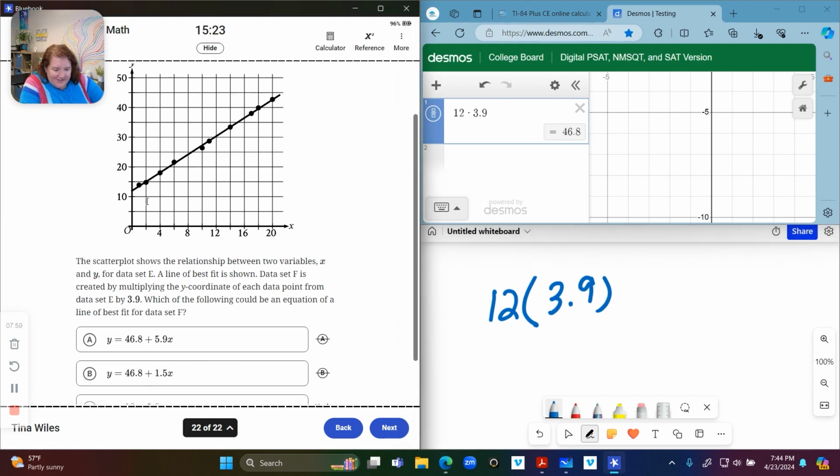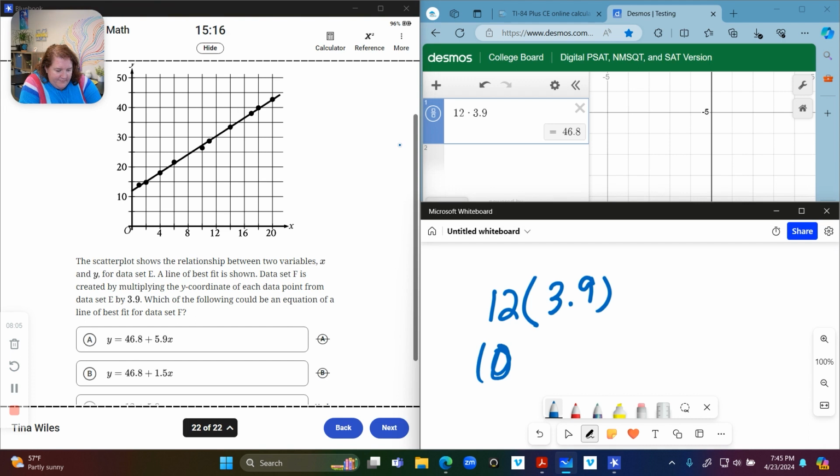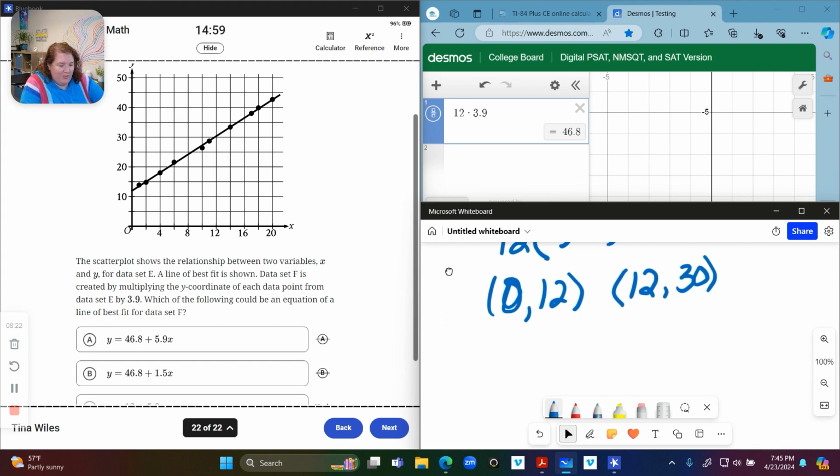And then I need to find the slope here. So if we took the point 0, 12, and we take another point here, let's do 12 and 30. And remember, we're multiplying the y coordinate by 3.9.